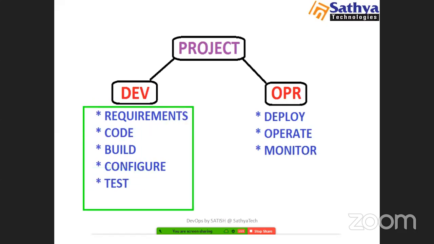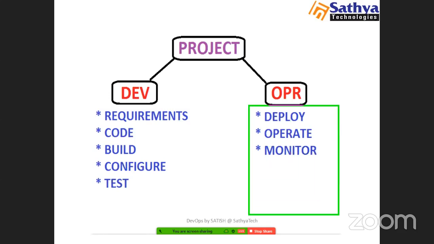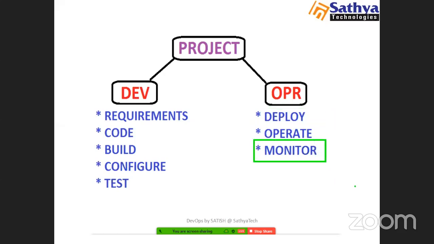So you can have multiple phases in application development. Then go with operations. You'll get some more phases, like application deployment, operate, and monitor. So in DevOps, you'll get both application development and operations.